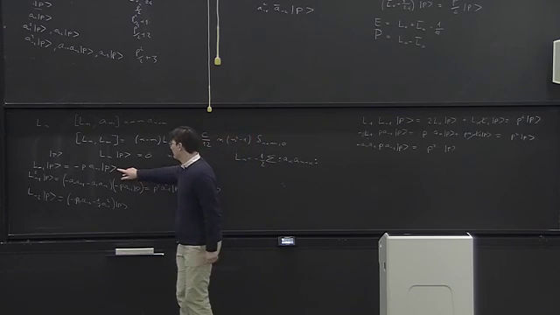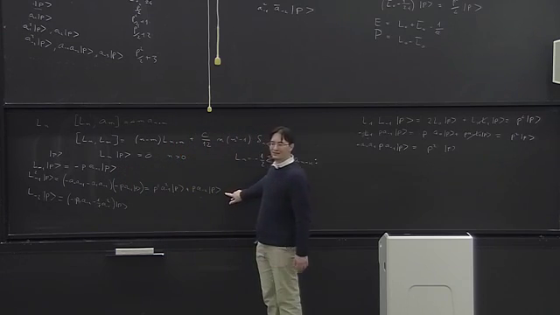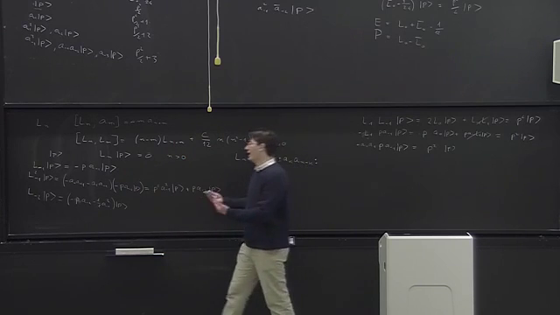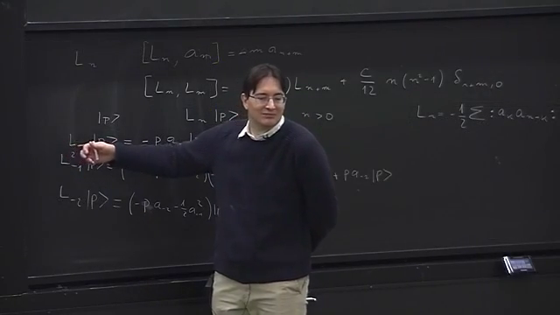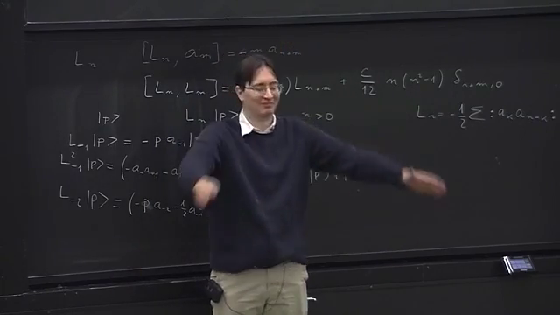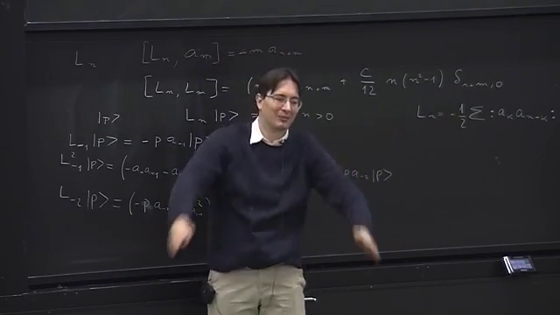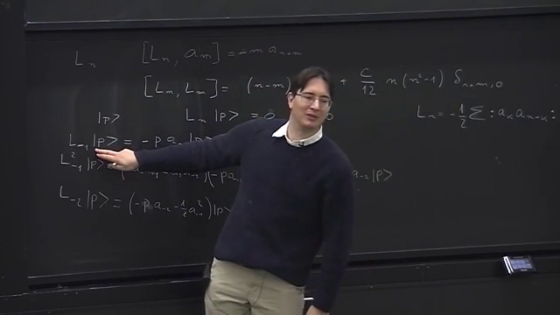Then clearly you don't have this state. So if P equals 0, you lose L minus 1 on P and everything else that is built out of it. So if you have this sort of big triangular tower of states, you're losing a whole subtower, which starts with L minus 1 on P.